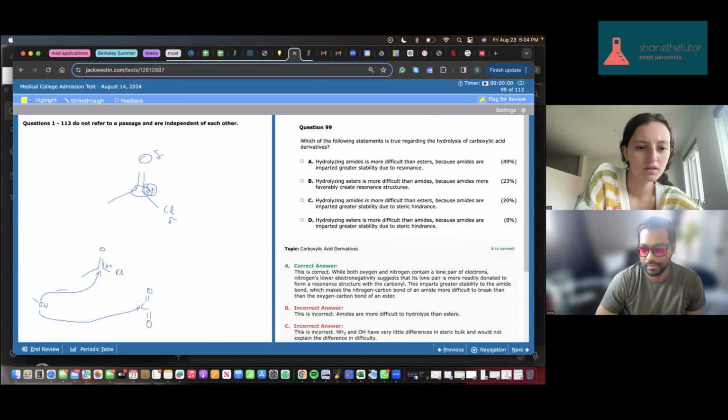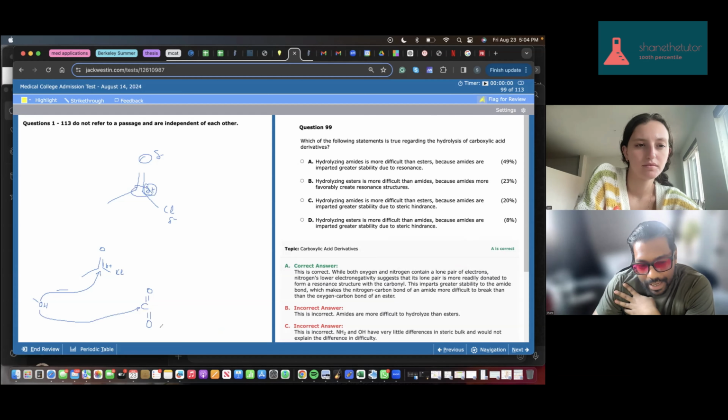The oxygens both have partial negatives and this has a partial positive, so it's overall stabilized and there's no charge for H2O. You're having it in opposite directions in this symmetrical molecule, so it won't attack that because you don't have a net dipole, right?